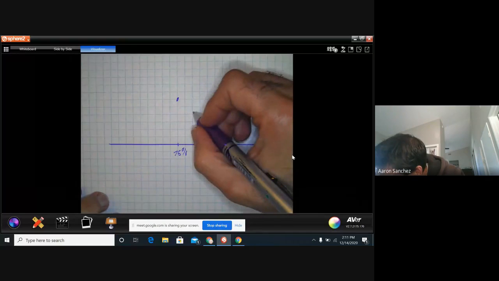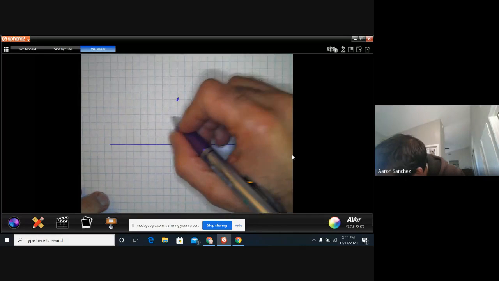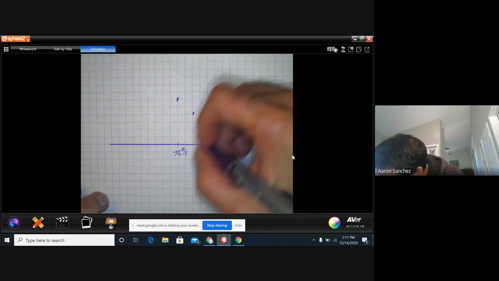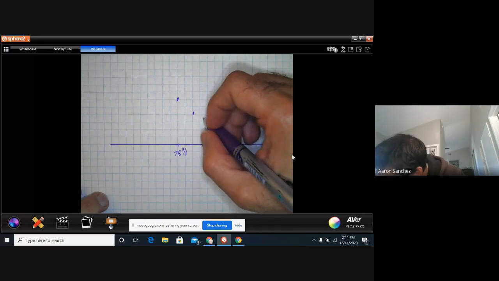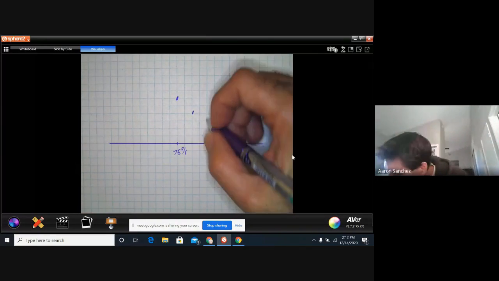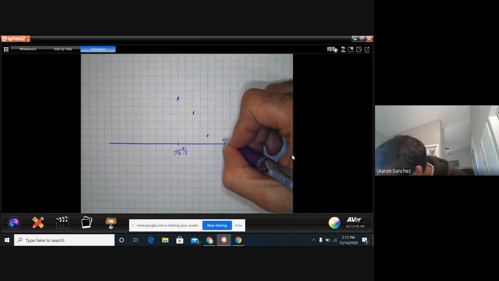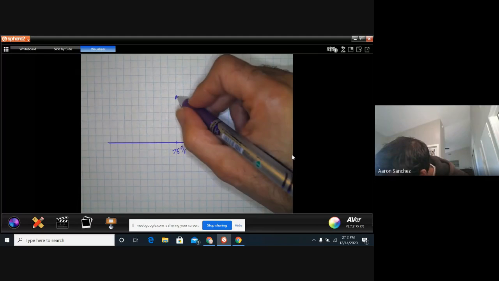And then let's say I go 1 standard deviation away, then 2 standard deviations away, and then 3 standard deviations away. And let's say my curve looks like that.